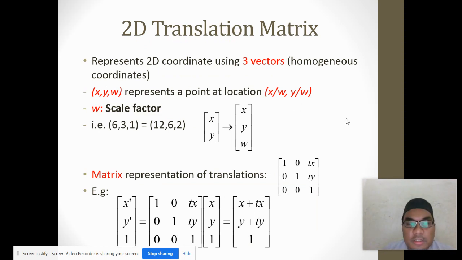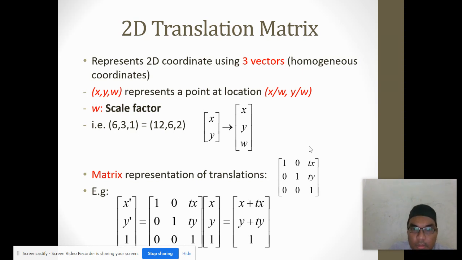The 2D translation matrix represents a 2D coordinate using 3 vectors. It can also be shown in terms of a scaling factor, where x, y and w is represented as a scale factor. For example, the origin 6, 3, 1, when scaled by 2, has all elements multiplied by 2: 6 multiplied by 2 is 12, 3 multiplied by 2 is 6, and 1 multiplied by 2 is 2.